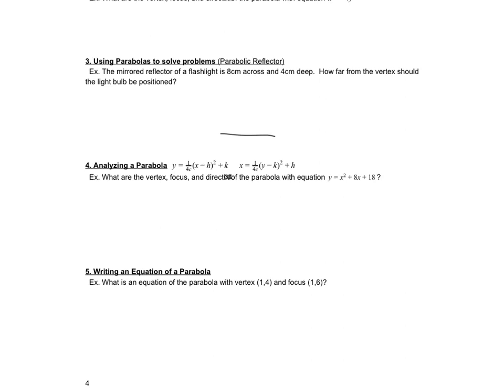Well, if my vertex is at the origin, I know then that my directrix is 5/2 to the left. So negative 5/2, that's going to be negative 2.5. So I'm going to have a line here that is x equals negative 5/2.